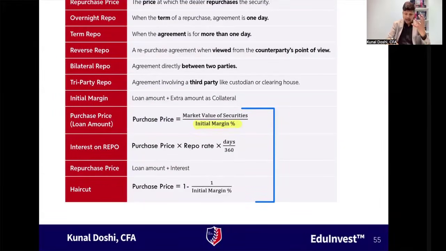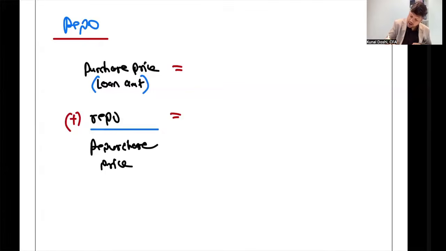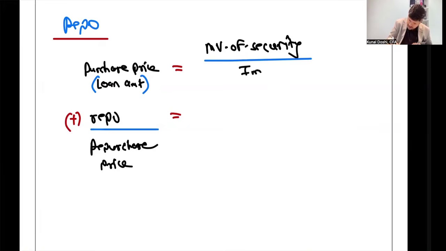So whatever is the collateral, the market value of security or the collateral value, divided by the initial margin percentage, which is above 100% because you will always take more collateral, that will be your purchase price or loan amount.